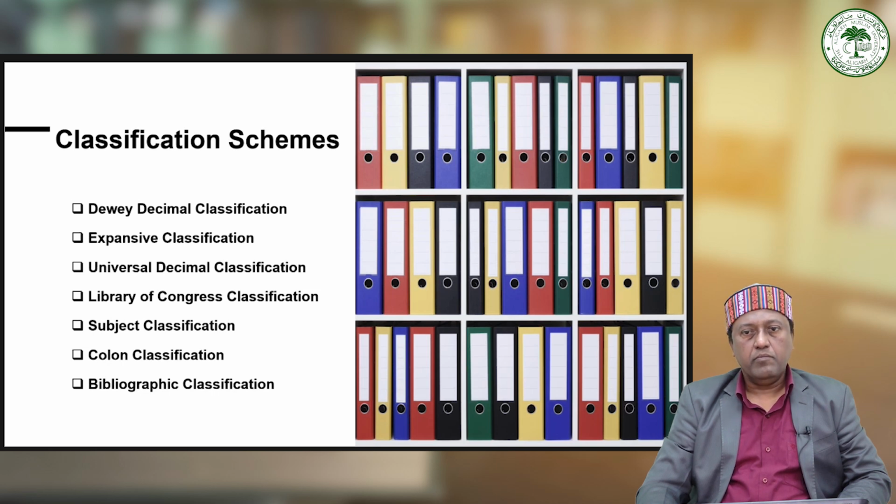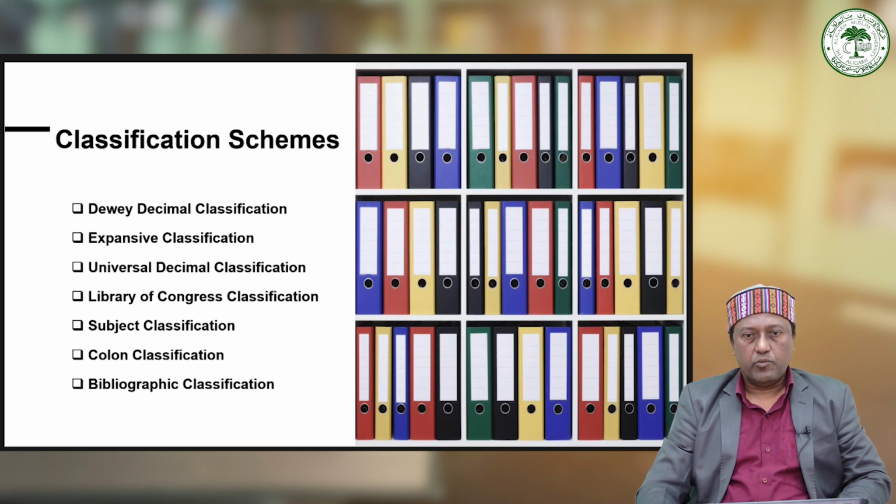It's a quite popular scheme of classification, and an additional advantage of UDC is that it is published in over 40 languages. This is what makes it the most widely used, probably for this reason, that it is published in so many languages.